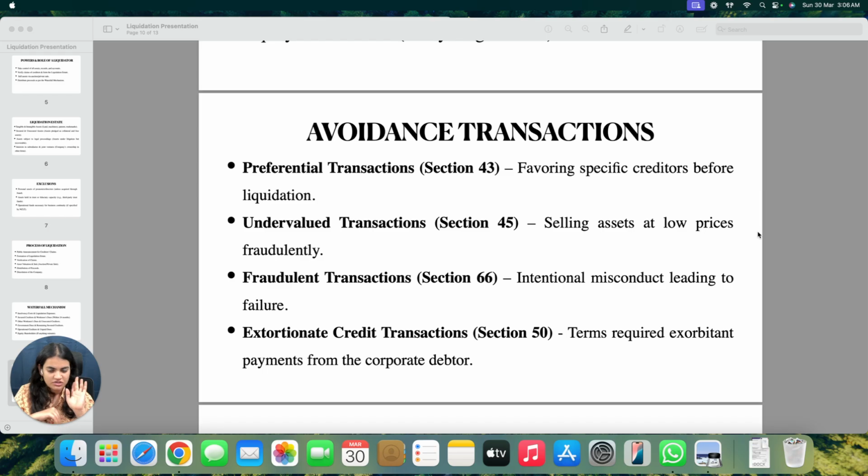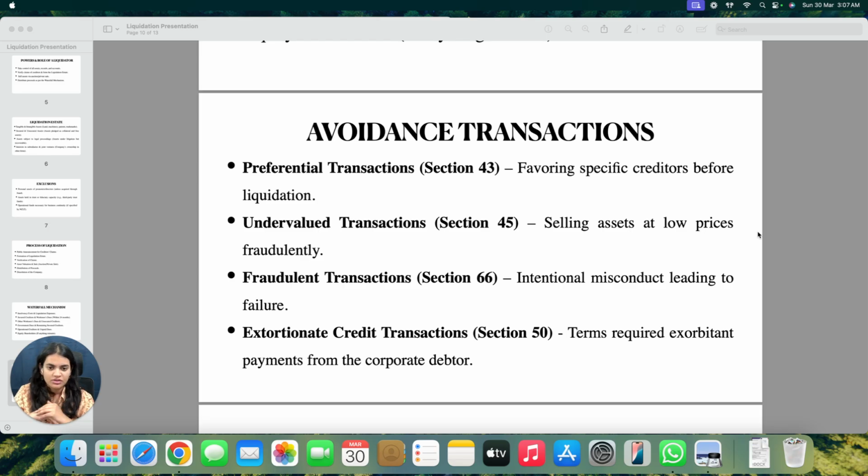Same is the case with preferential transactions as well. Such a transaction should have taken place outside its ordinary course of business. And if the party receiving such a benefit has done so in good faith, then such a transaction may not be considered an avoidance transaction.